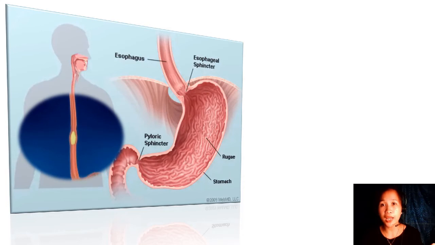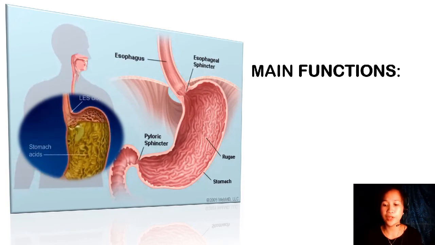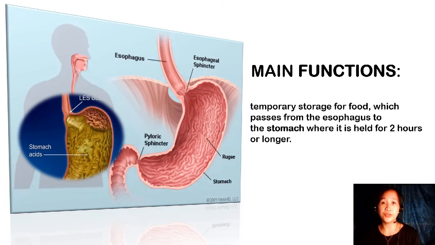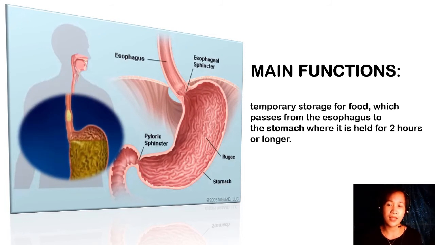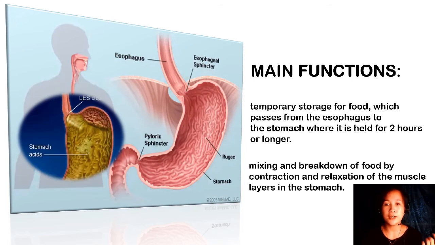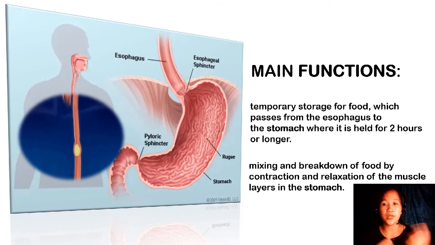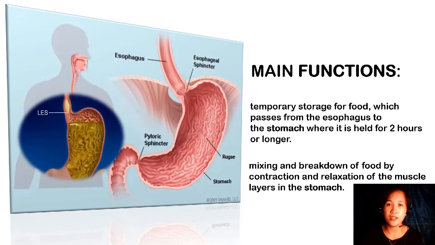So the stomach has three main functions. It is the temporary storage of food, which passes from the esophagus to the stomach, where it is held for 2 hours or longer. Next is the mixing and breakdown of food by contraction and relaxation of the muscle layers in the stomach.